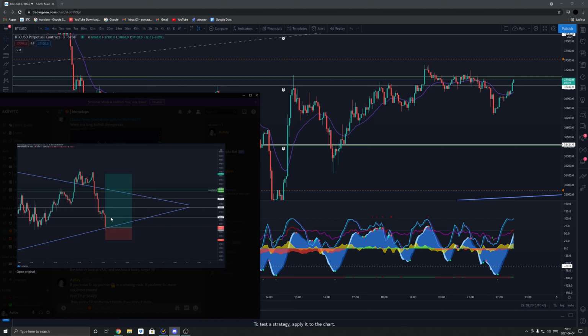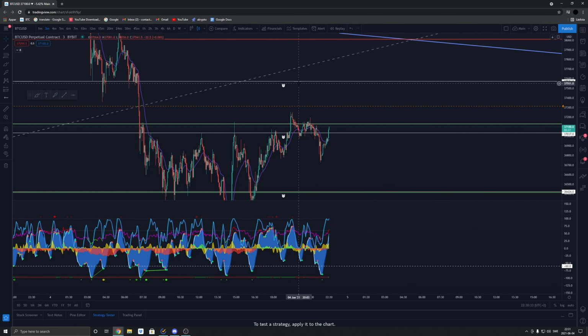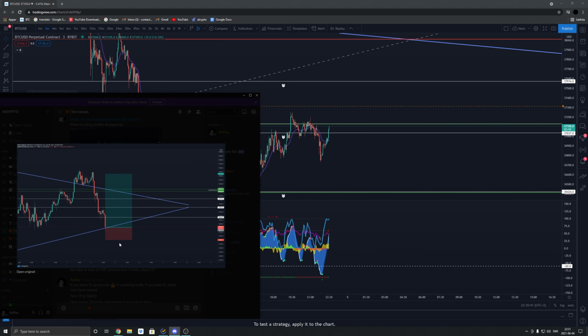We took profits at this level and this level, and we unfortunately didn't hit this last level yet. We were about $250 away from it. It's all right, guys. You can't hit them all. This was still a very juicy long for me, and I'm very happy with it.